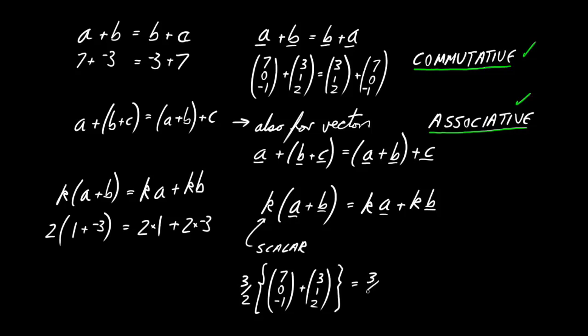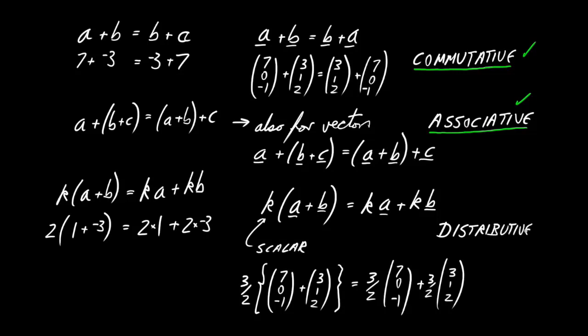It's just going to be 3 over 2 times the first vector, 7, 0, minus 1, and then plus 3 over 2 times the second vector, 3, 1, 2. Okay, so everything works out as you would expect. It must. And this latter property is called being distributive. So scaling is distributive over addition. And that's the end of our first video.